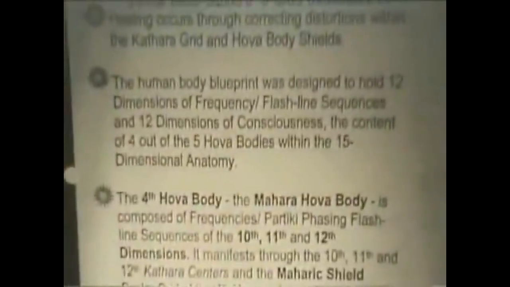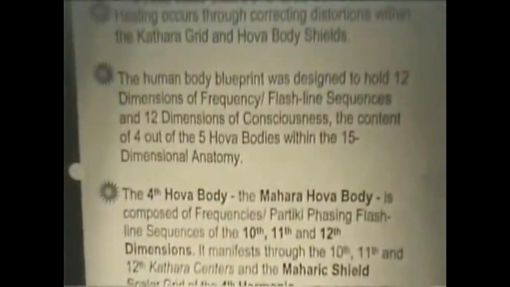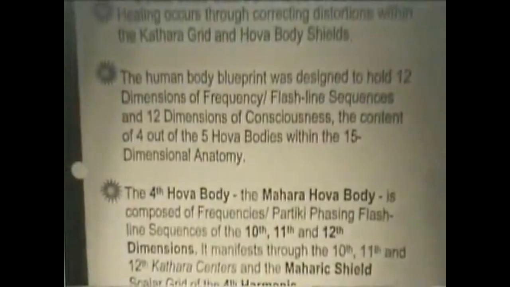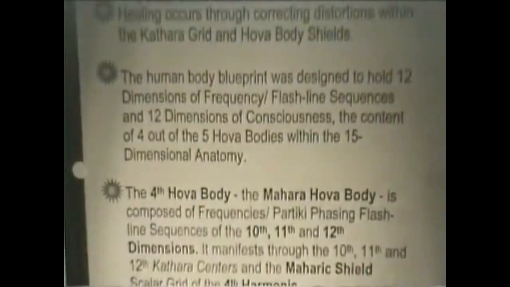Next, the human body blueprint was designed to hold 12 dimensions of frequency, which means 12 flash line sequences, and 12 dimensions of consciousness. The content of 4 out of 5 Huva bodies within the 15-dimensional anatomy. Now, animal life forms have smaller DNA templates.